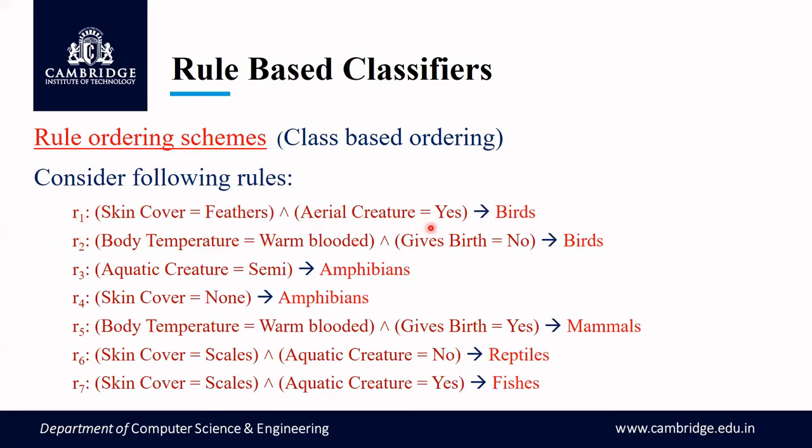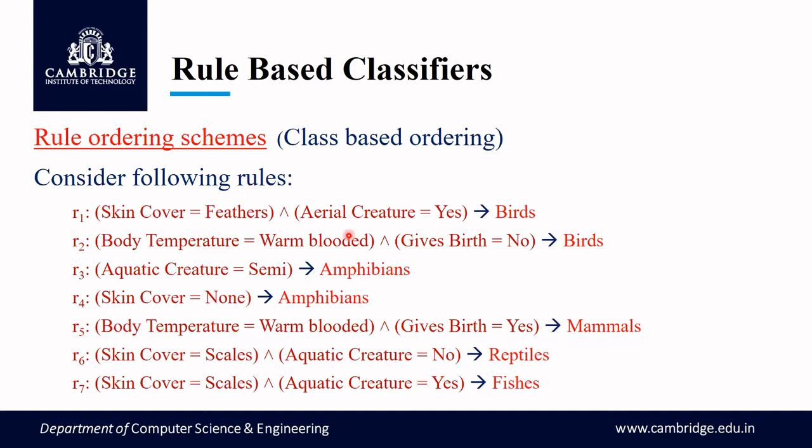Okay. Now, what is the drawback here? The higher quality rule may be overlooked with respect to the inferior rule. What that means here is, say consider this rule R5 is more accurate when compared to the R1 listed here. Say its quality is very high when compared to the quality of this rule R1 here.